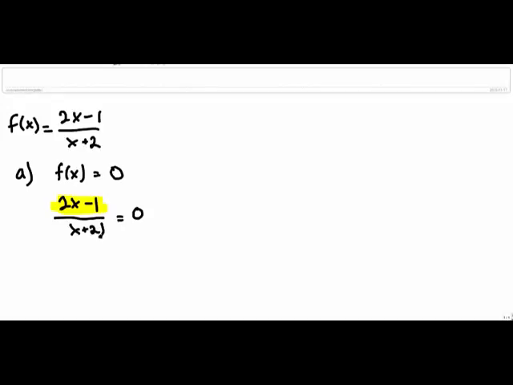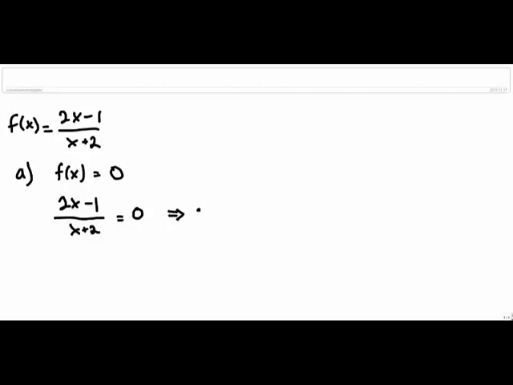Okay, let's take this denominator, move it up here and multiply it. 0 times this becomes 0, so it disappears. So when 2x minus 1 is equal to 0, that's what we need to find out.